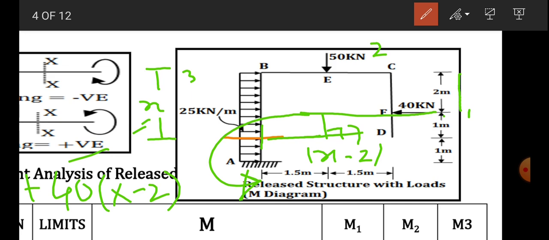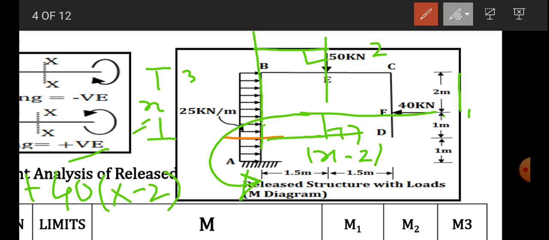Let's consider the next one, which is vertical, and if you draw the line of action, this will be the line of action of the 50 kilonewton force. The force is vertical, so out of these two imaginary axes, let's consider the vertical imaginary axis, and find the perpendicular distance between these two, because it is going to act as the lever arm.